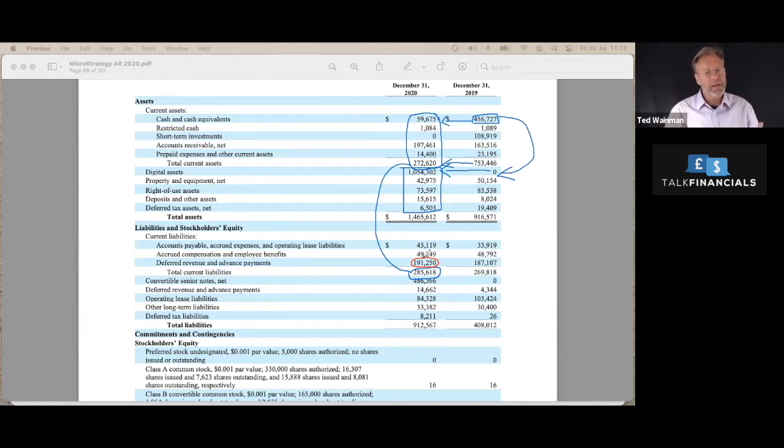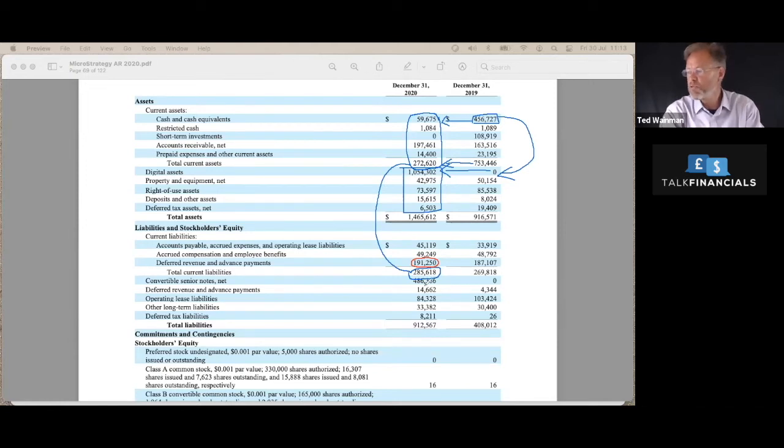MicroStrategy is saying, I'm getting the money today in this year, but it relates to next year, and therefore I owe it to next year, so it's sitting as a liability. They don't have to pay it to anybody, so it's not going to affect their cash flow. In fact, it has a positive effect on the cash flow because they're getting the money in today. So I'm expecting, when I look at the cash flow, to see very strong cash flow coming in, and liquidity is not a problem because of the strength of that cash flow.